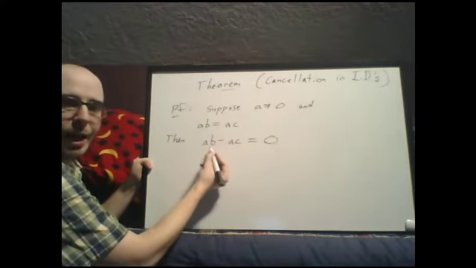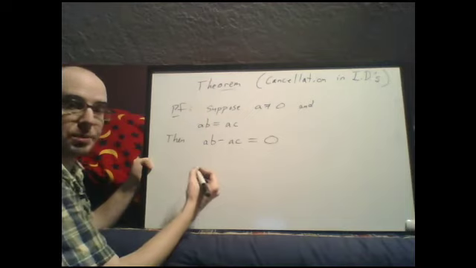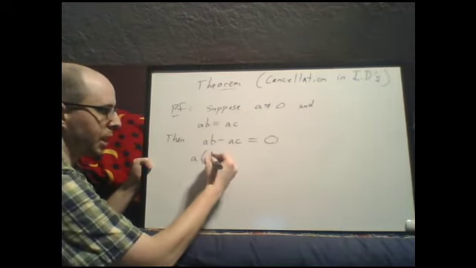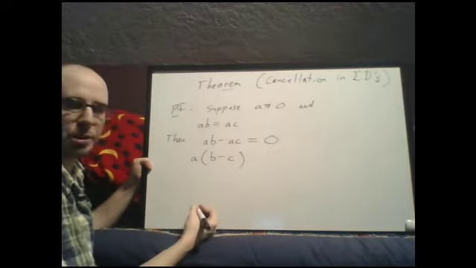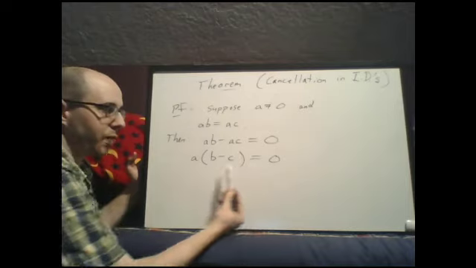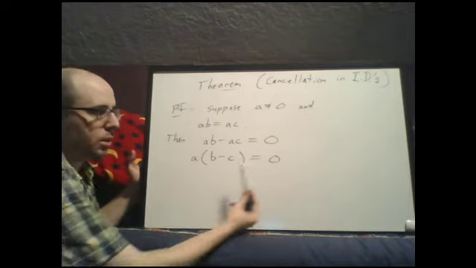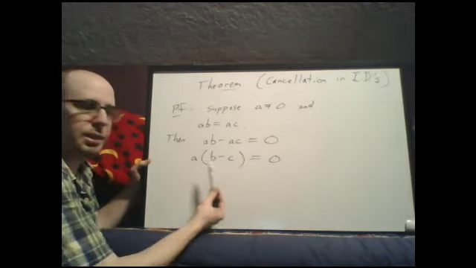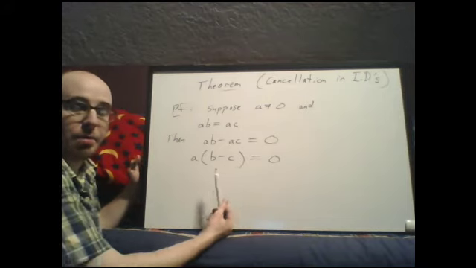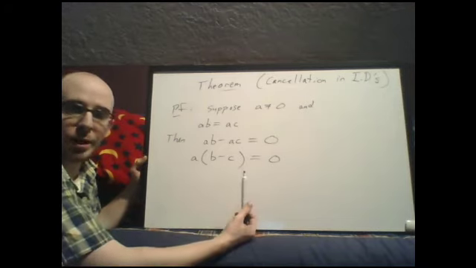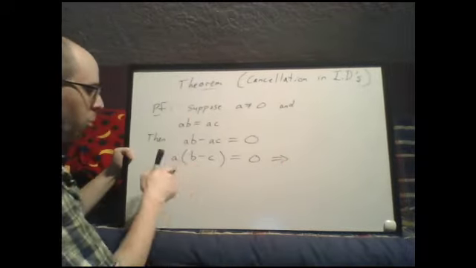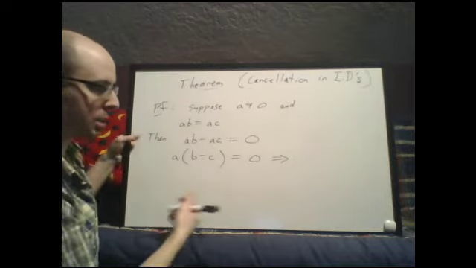Both of these have an A. By the distributive property of rings, I can pull out an A and say A times (B minus C) equals 0. And now what we have here is a factorization of 0. 0 breaks up as A times (B minus C). And that, by the no zero divisor property of IDs, implies one of the two factors in this product has to be 0.